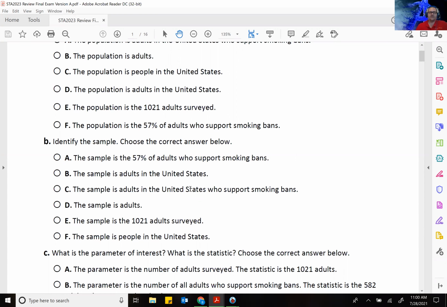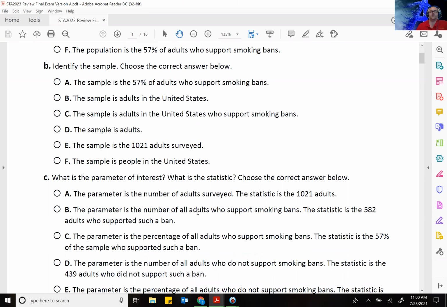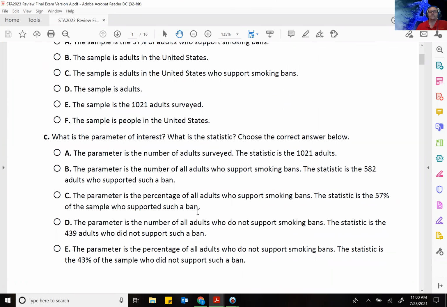And in part C, what is the parameter? What is the statistic, in other words? Parameter and statistic. Again, we got A, B, C, D, E. C. Anyone else?